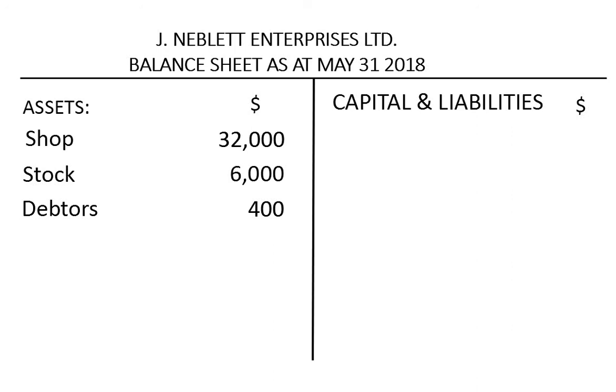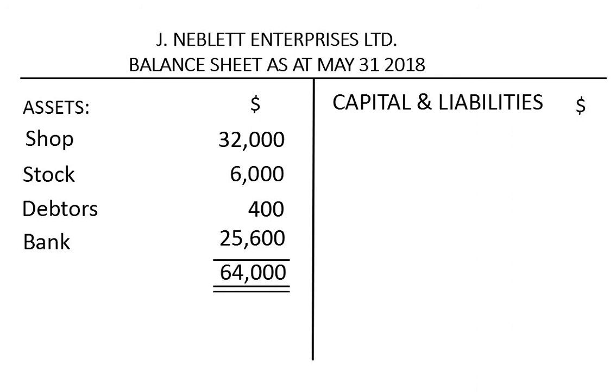So this is a matter of collecting the money, so that's why it's easier to get the debtors into cash. Now the last thing is the bank, which is $25,600. Now we add up all of our assets to get our total assets, which will give you $64,000.